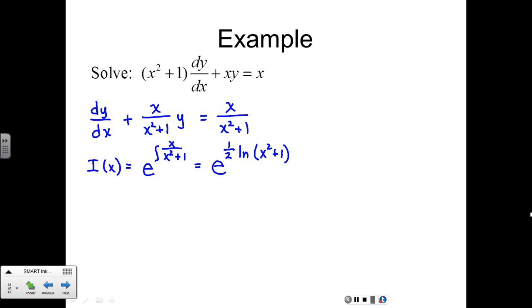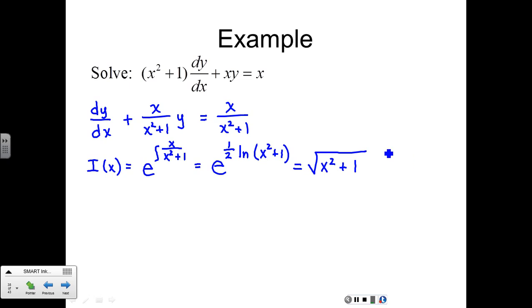It's late, but can y'all figure that? Can y'all tell me what to do here? What that's going to be? The square root of x squared plus 1, or x squared plus 1 to the 1/2 power. The e to the ln part cancels out, right?